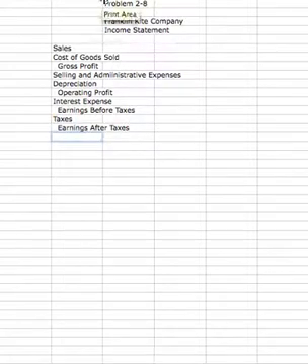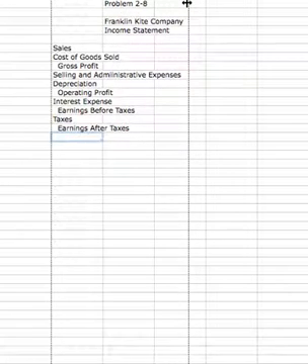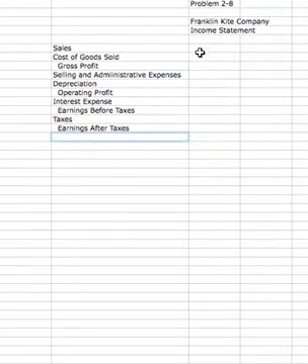Now, given that information, we can go ahead and enter our numbers that were provided in the problem. 900,000 would be our sales figure, right? And then we have cost of goods sold of 400,000.